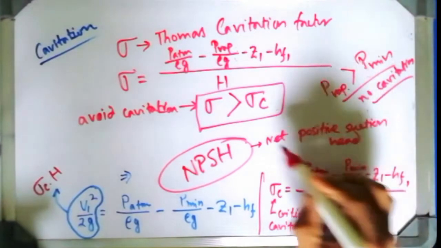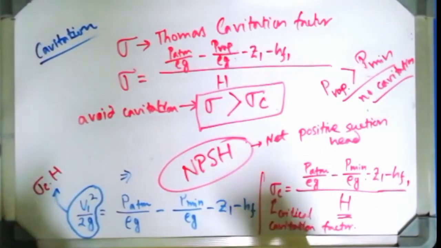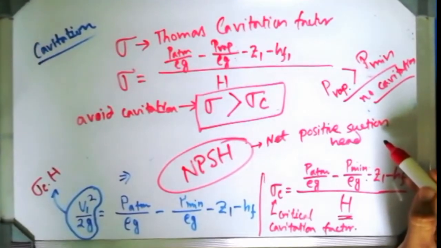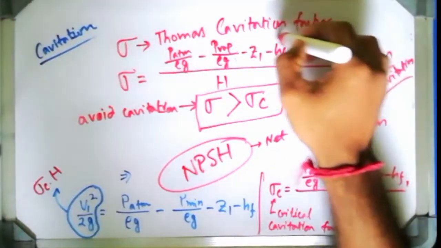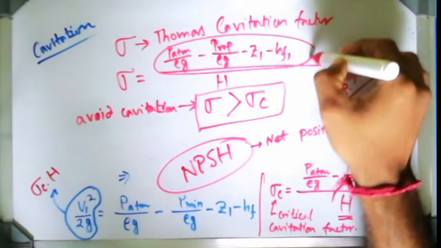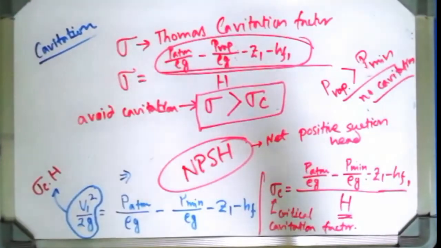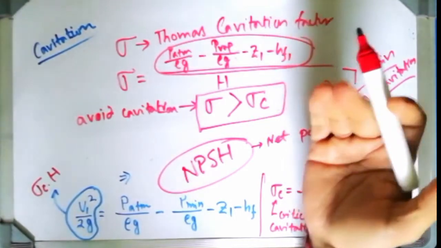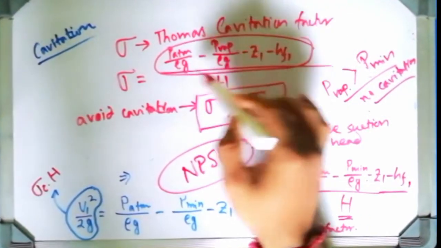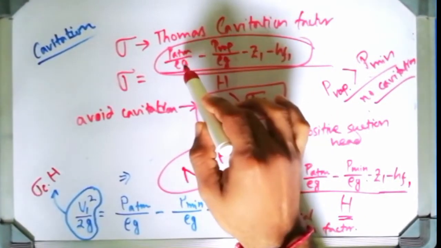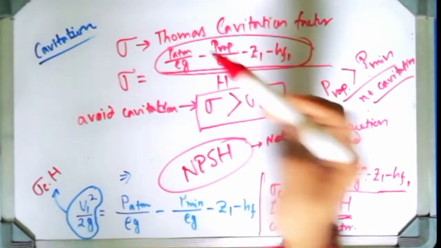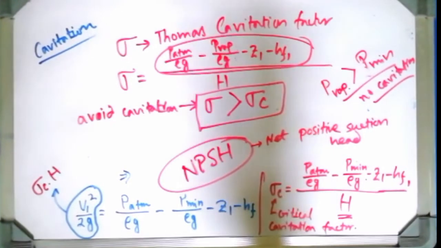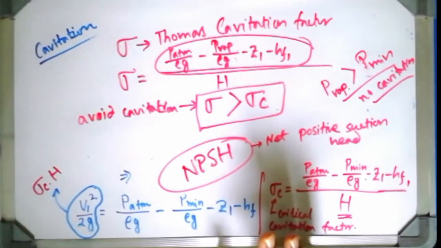Now you can easily understand: net positive suction head means which term? This whole numerator term is the net positive suction head. Why? Because if it is positive, then obviously atmospheric pressure is higher than the vapor pressure, which means it is a positive suction head.